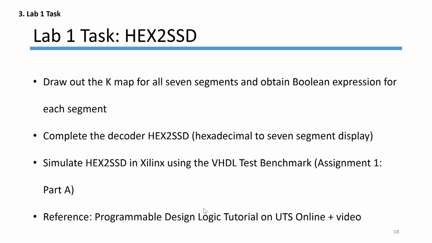You are then to design or draw the schematics for each of these segments and group them together into the decoder as HEX2SSD. And once that's done, you will then need to simulate this HEX2SSD in Xilinx using the VHDL test bench in order to finish assignment 1 part A.